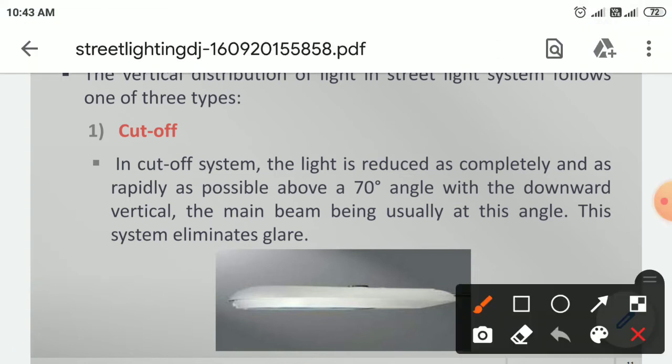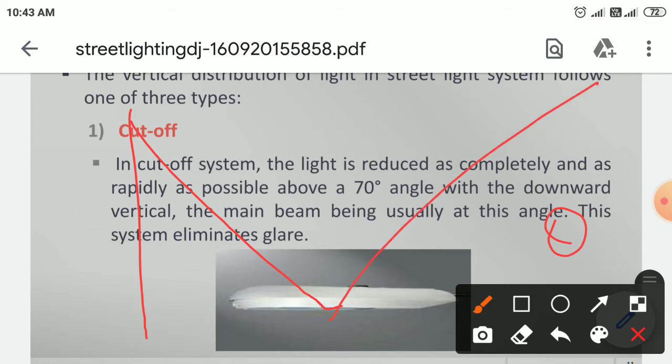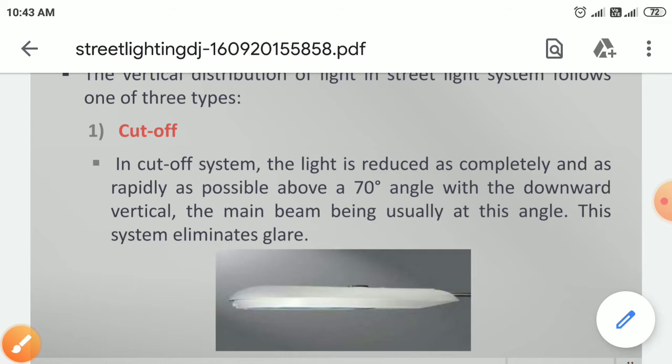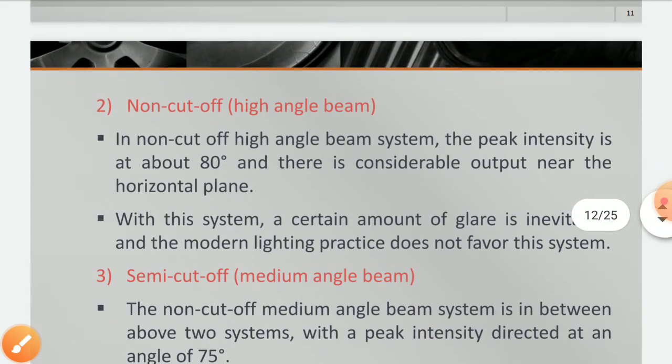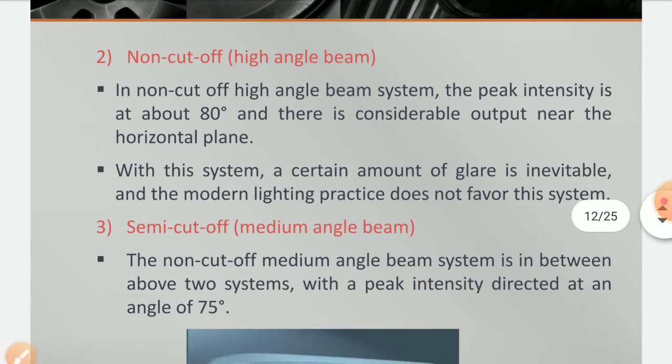For example, here is your street light and here is an observer. The light is emitted at 70 degrees and reflected back at 70 degrees only, which eliminates a little of the glare. Next is non-cutoff or high angle beam. Here the peak intensity is at about 80 degrees and there is considerable output near the horizontal plane.